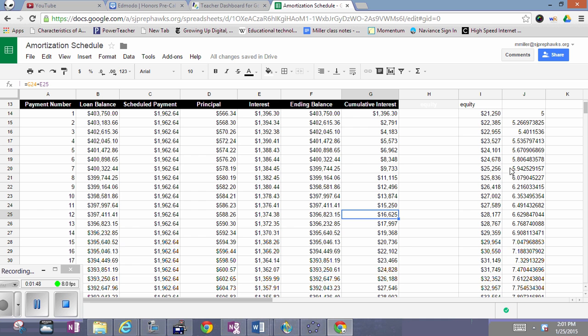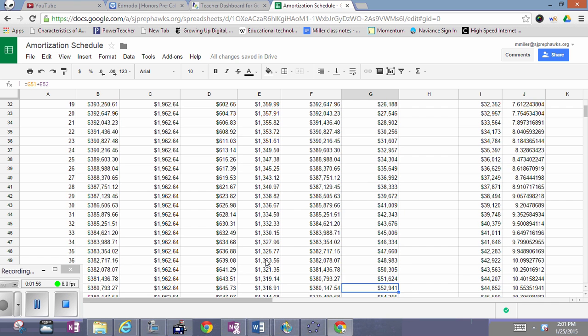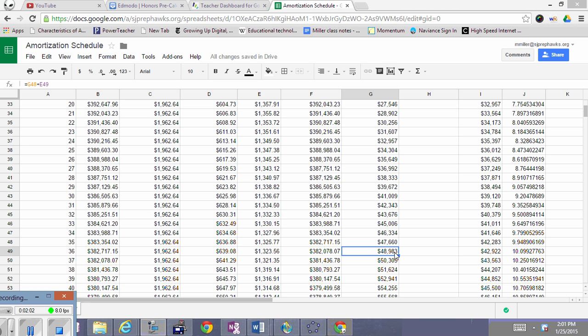Now, if we wanted to find the total interest payment in the third year, you come down here at the 36 months. That's not how much interest you've paid in the third year. That's how much interest you've paid in 3 years.